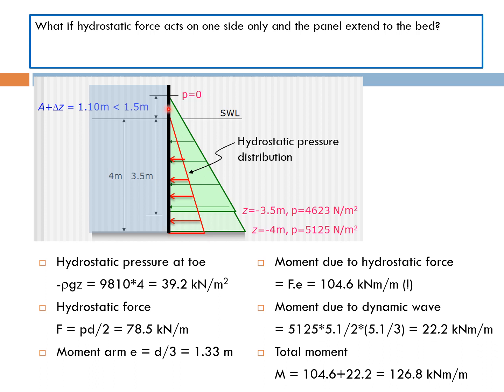From this triangular pressure distribution, we are then able to determine the hydrostatic force. The hydrostatic force acts at a distance of d/3 from the bed. That is the moment arm, which is 1.33 meter here. From that, we can calculate the moment due to the hydrostatic force by multiplying the hydrostatic force with the moment arm. That gives us about 105 kilonewton meter per meter.